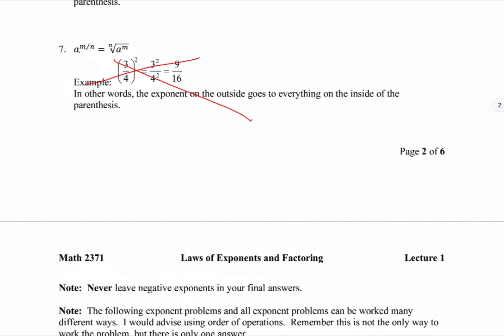What you need to remember here is this is a number raised to a fraction. So we have a to the 1/2. Well, we know that that is the square root of a, but this is still to the first. Well, what if I had a to the 3/2? Well, that would be the square root of a cubed.